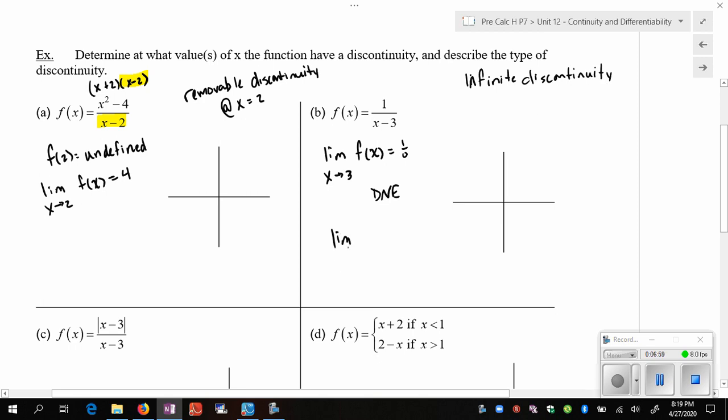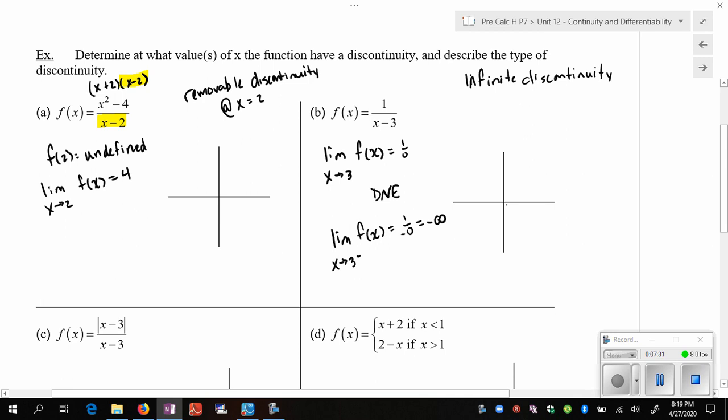The limit as x goes to 3 on the left, well, if I think about 1 over 0, since I'm going to 3 from the left, I'm plugging in numbers slightly less than 3. So this is almost like having a 1 over, I'm going to break a rule here, negative 0. 0 can't be negative. But in reality, I'm saying it's a negative tiny number, which means that this is going to negative infinity.